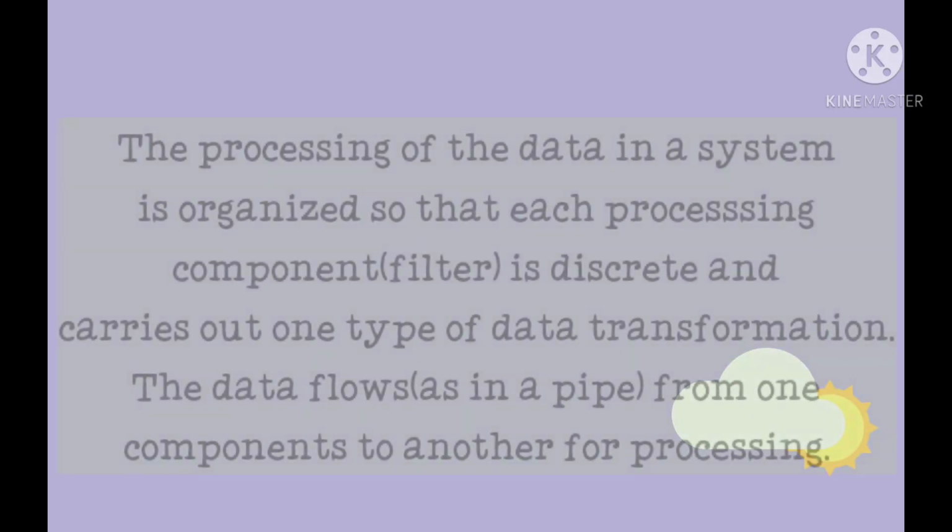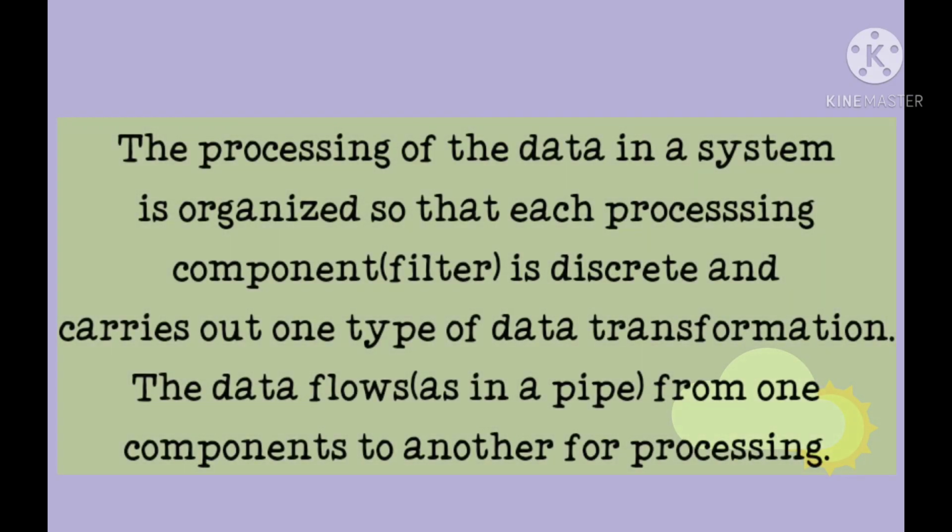The last design pattern is the pipe and filter architecture. The processing of the data in a system is organized so that each processing component is discrete and carries out one type of data transformation.